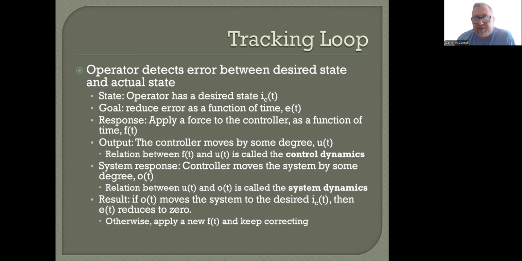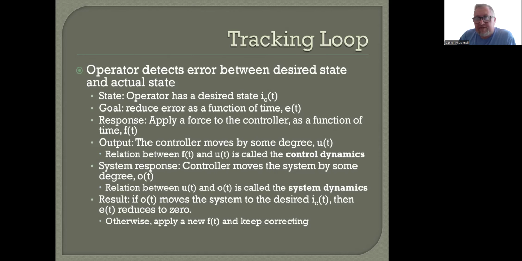And that's my system dynamics. And so ultimately, that's also what I'm interested in here, because I'm trying to alter the system dynamics so that way my error ends up at zero. So I want my system dynamics to match my goal state, right? And once I'm able to achieve that, then I have reduced the error to zero.